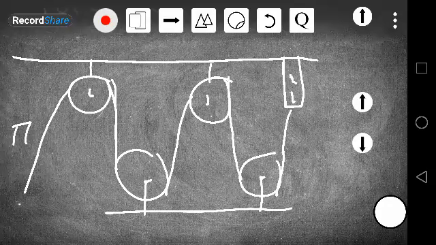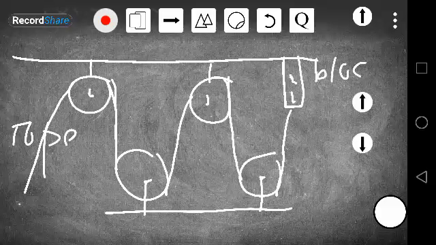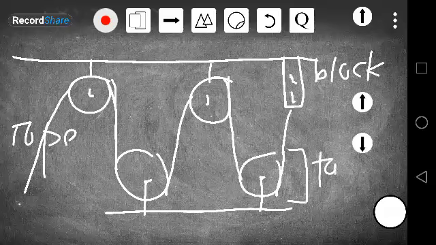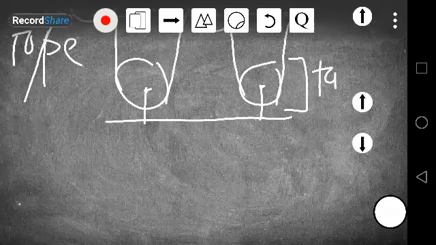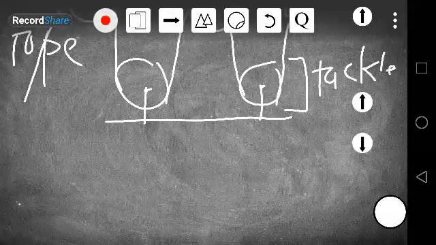So this is the rope. This is the block. This is the tackle.